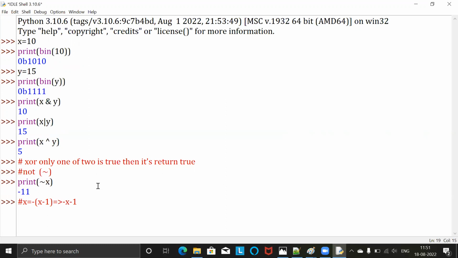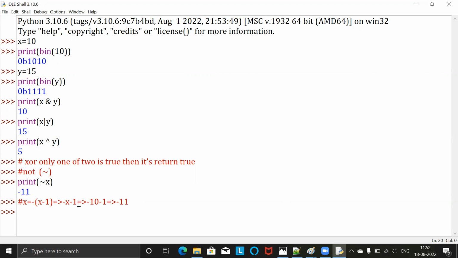The x value is 10, so minus 10 minus 1 is minus 11. Like that it returns values.